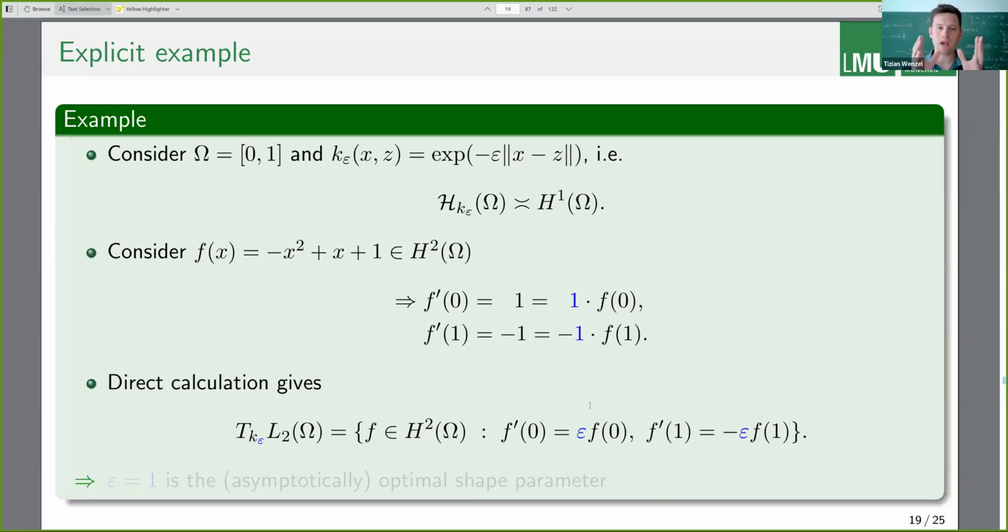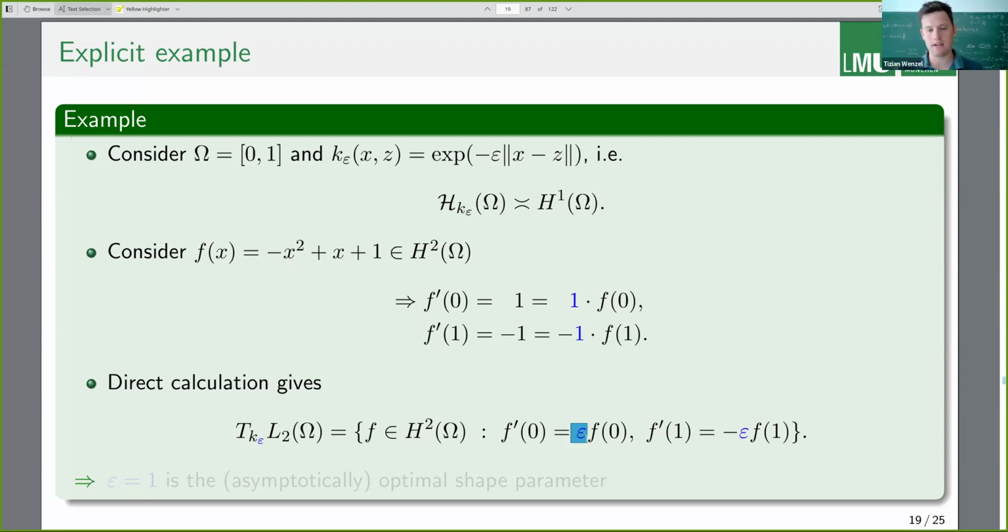Now we would like to have a fast rate of approximation. In order to have a fast rate of approximation, we need this function f to be included in this kind of power space, in this image of the integral operator. Therefore, we need to choose the shape parameter of our kernel correctly, such that the function is included in our space.